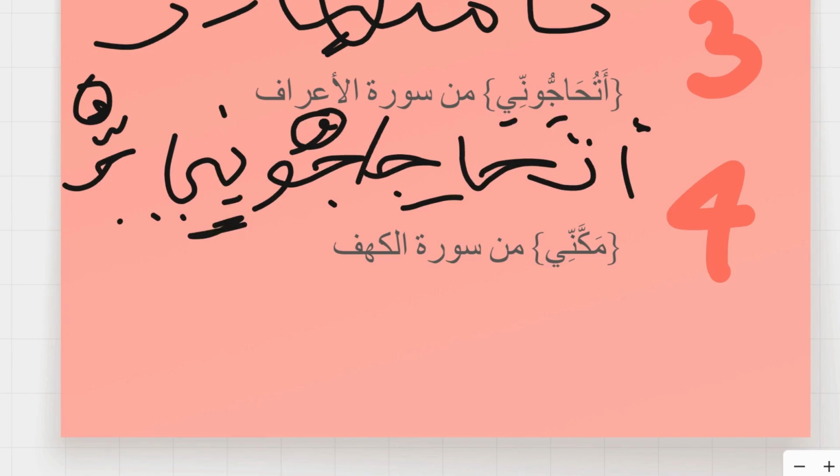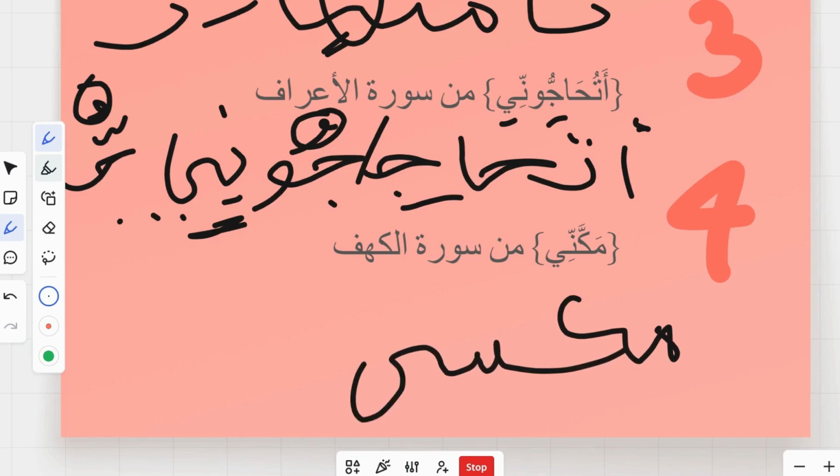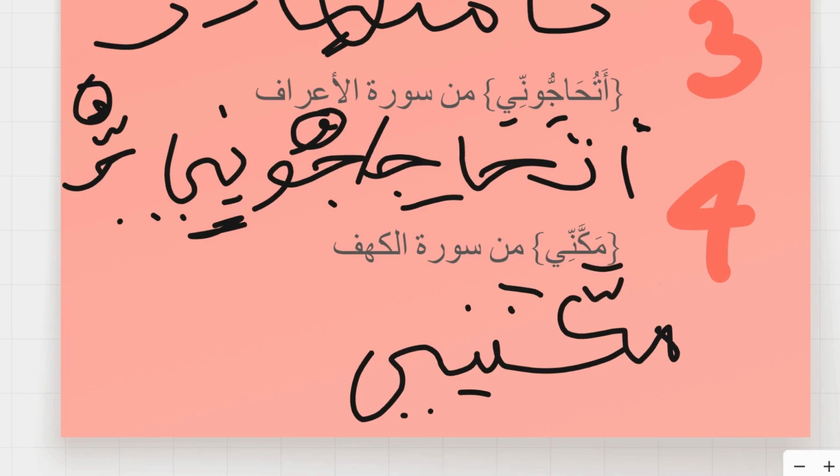You see, the last one, مكني من سورة الكهف. مكني. So the origin of the word, or yeah, the verb, was supposed to be مكنني. Of course, this is an original shidda. مكنني. So the first na was fused into the second ni.